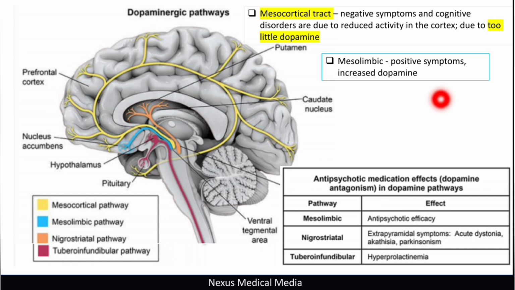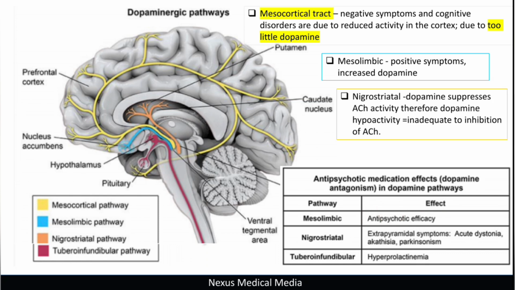If you treat a person with antipsychotics, in this pathway there will be antipsychotic efficacy. Next is the nigrostriatal pathway. Dopamine normally suppresses the activity of acetylcholine, but in this case there is low dopamine in this pathway.